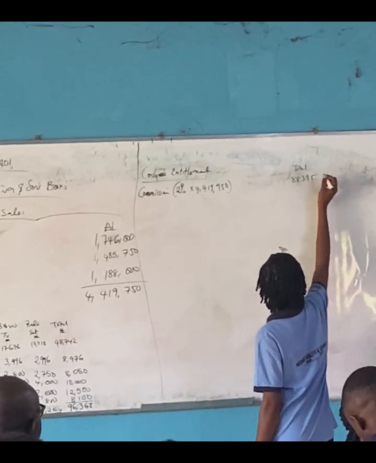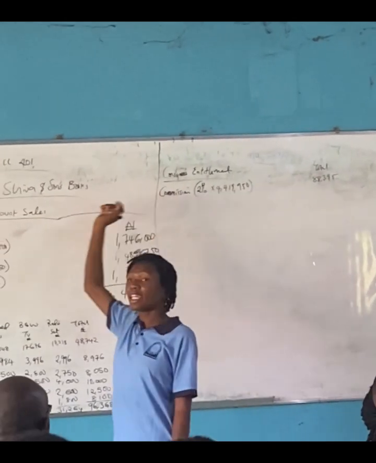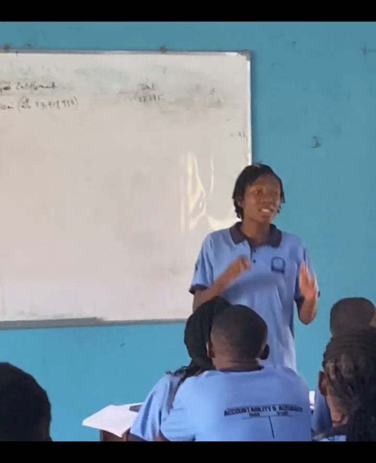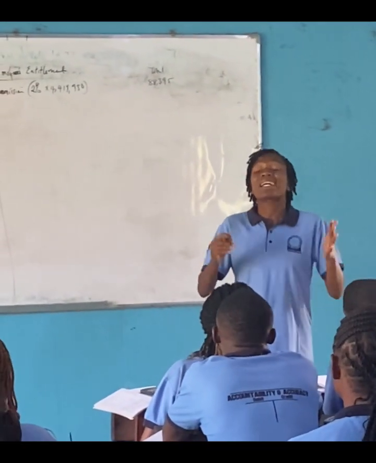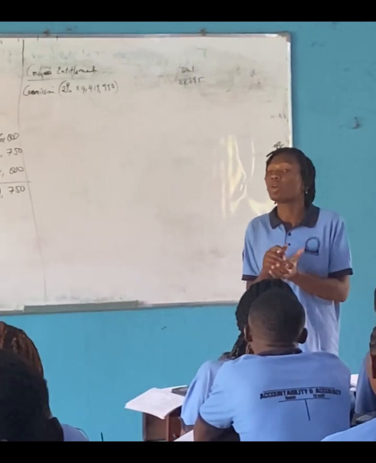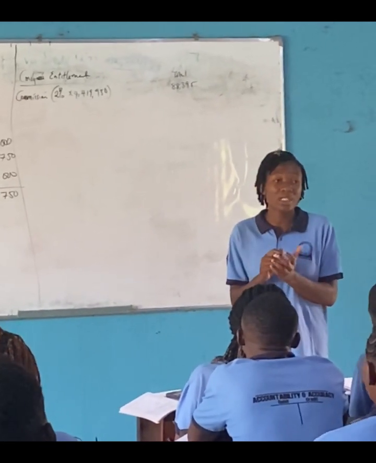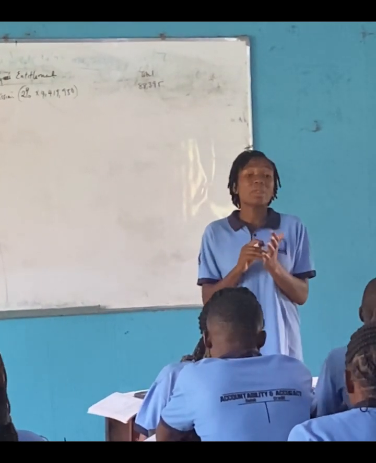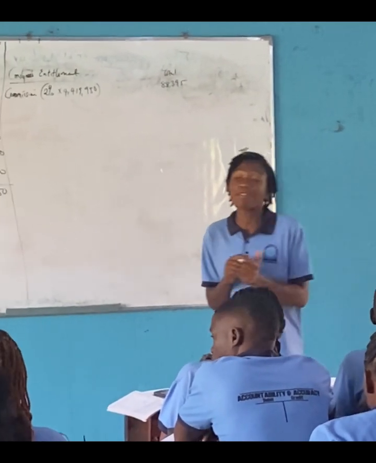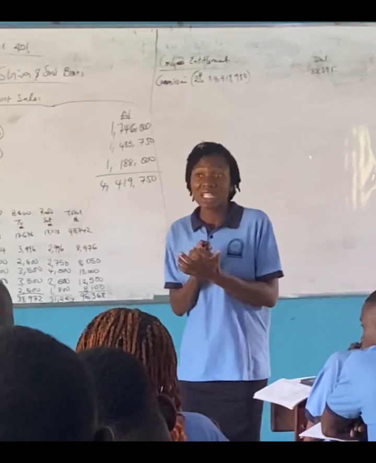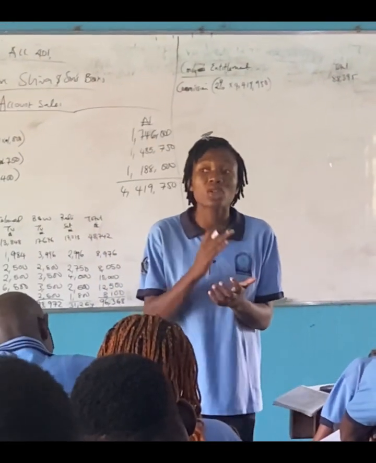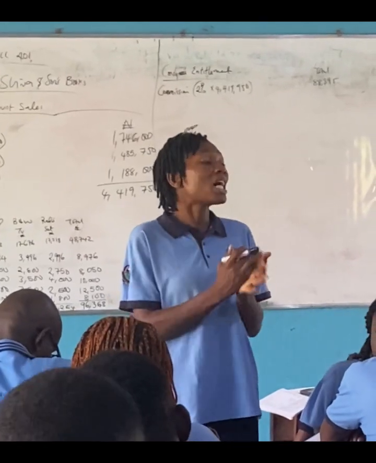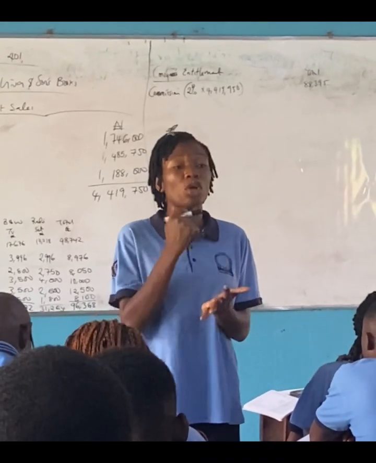Give us the value of what? 88,395. And then, like I said yesterday, if we were given cash sales separate and credit sales separate, you are calculating your debt credit commission on top of what? Credit sale. Are you with me now? For people that were not here yesterday, in the case where cash sale and credit sale are given separately, we calculate debt credit commission on what?